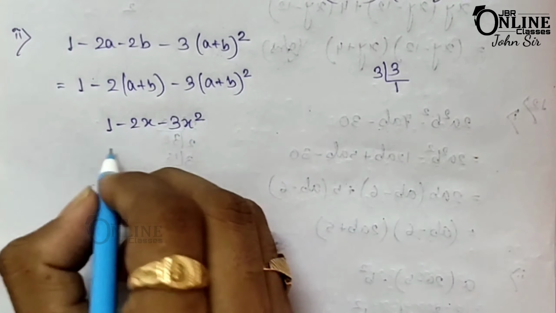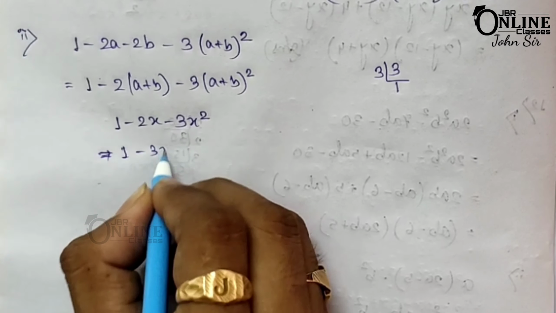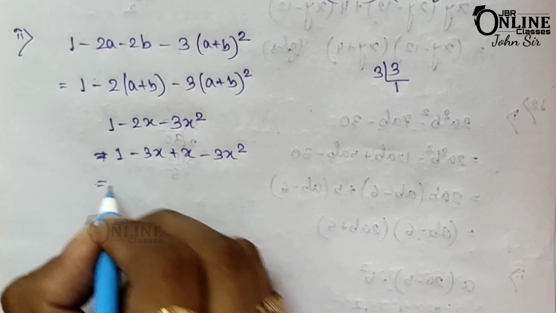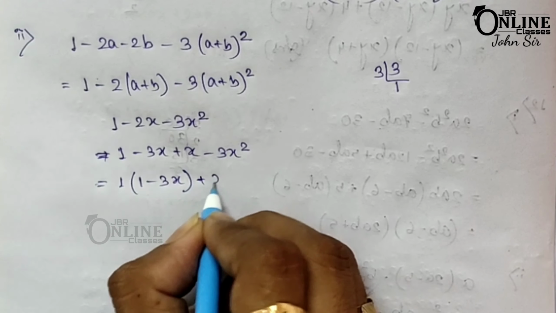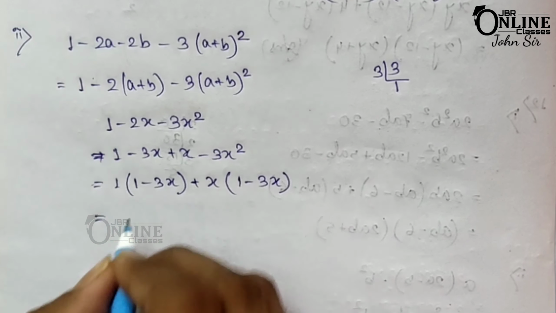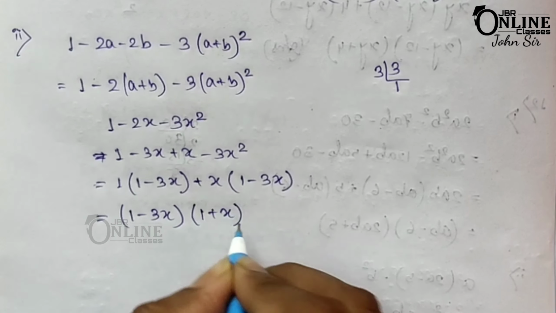So factorize 3, so 3 into 1. Now you have to make 2, so that means 3x minus x becomes 2x. From the first two terms 1 will be common, so 1 minus 3x. From the next two terms x will be common, so 1 minus 3x. So here (1 minus 3x) into (1 plus x).